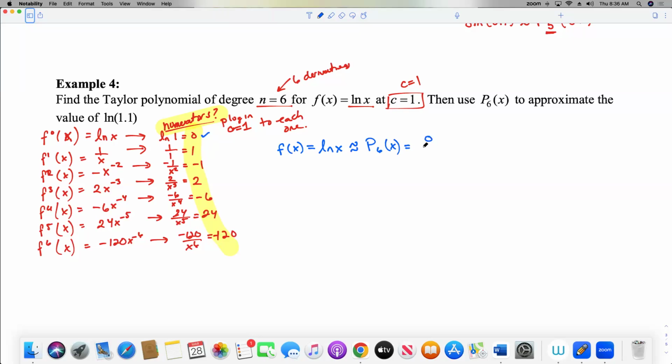Eventually you'll get to the point where you are not writing all of this down, right? Over 0 factorial, x minus, now in this case, our center is 1, to the 0th exponent, plus 1 over 1 factorial, x minus 1 to the 1 degree. All right, so remember this right here with this part is the linear approximation.